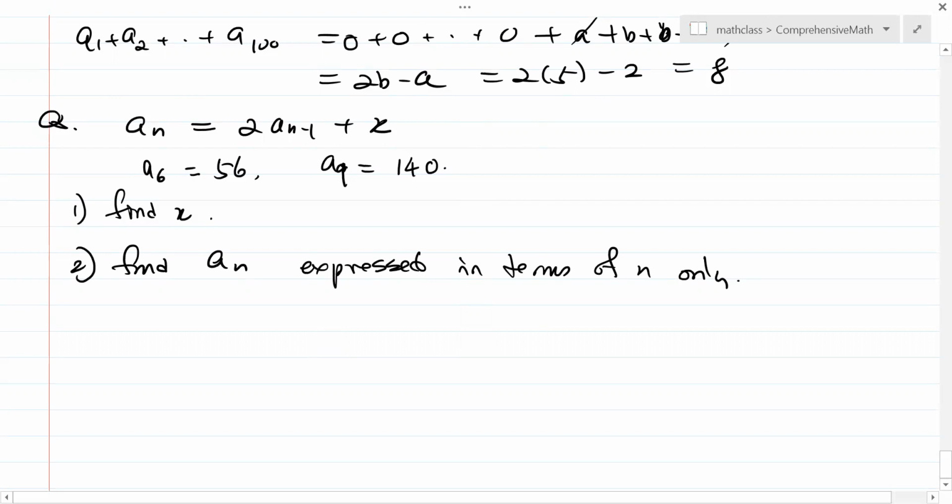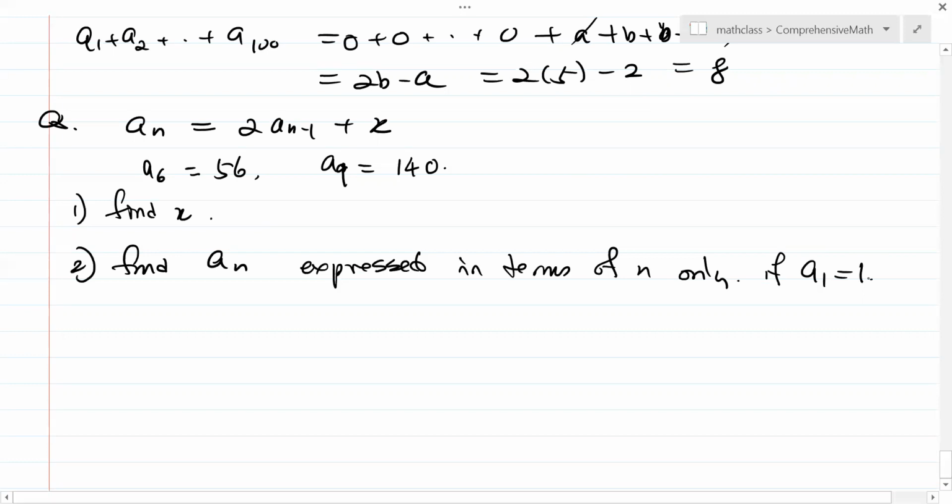Okay, if that is the case, I need to give you the first number, A1. Say A1 equals 1, to make it easy.